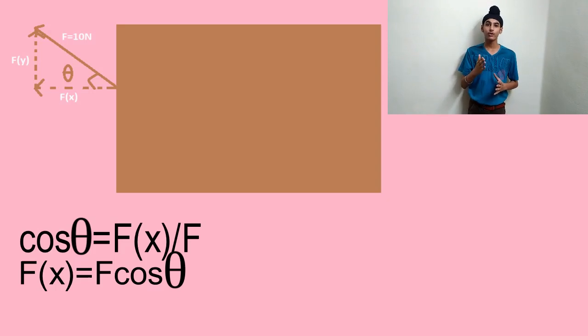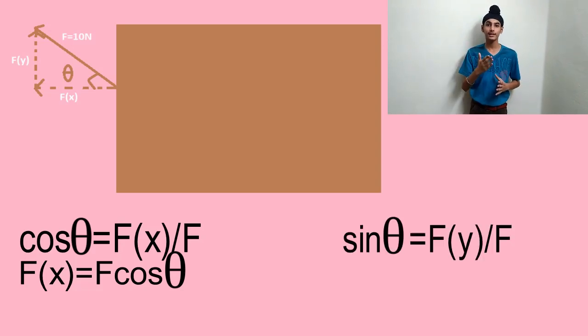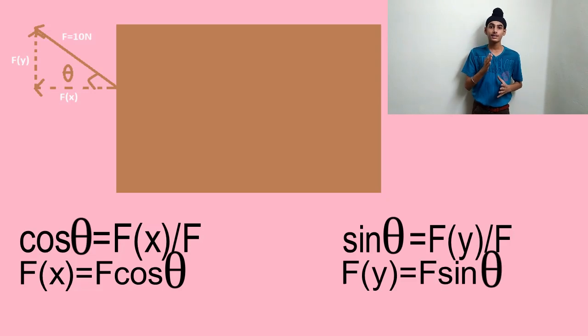For the y-axis, we have to use another function. We know that sin theta equals the force exerted in the y-axis over the total force exerted, and if we evaluate this, we get the force exerted in the y-axis equals total force exerted times sin theta.